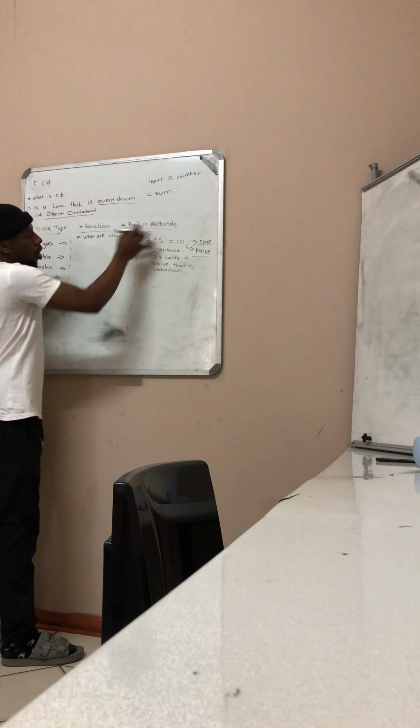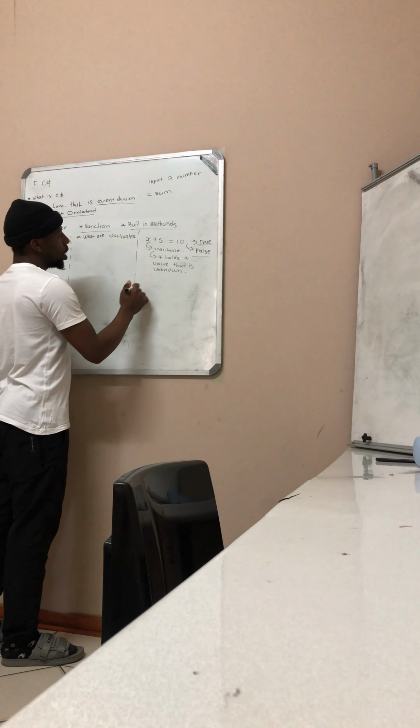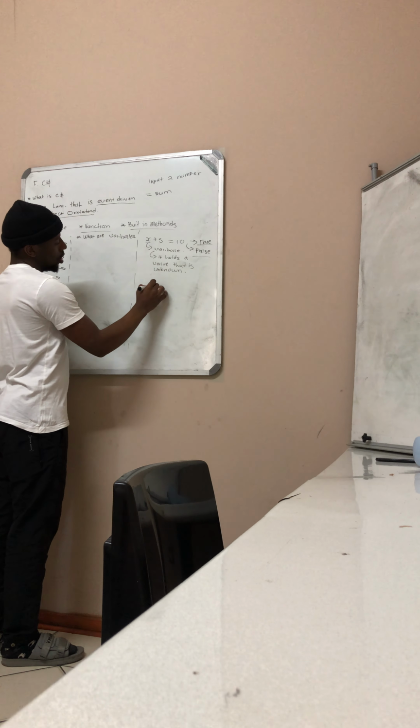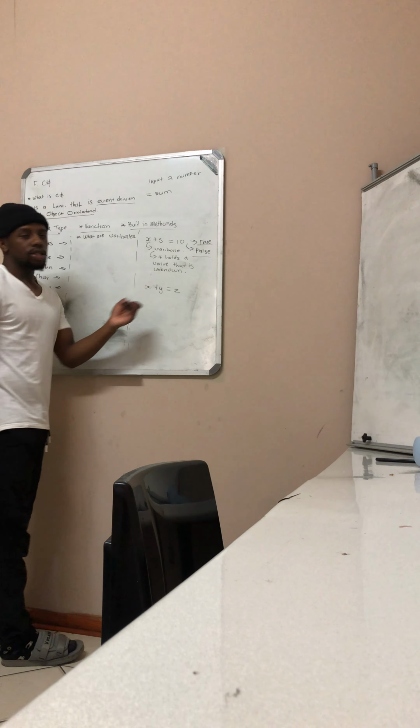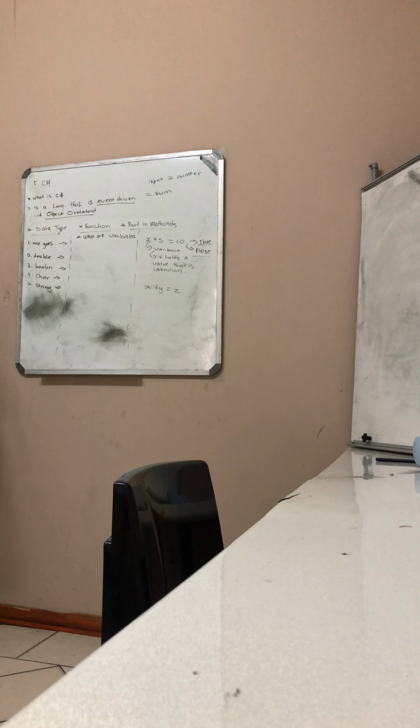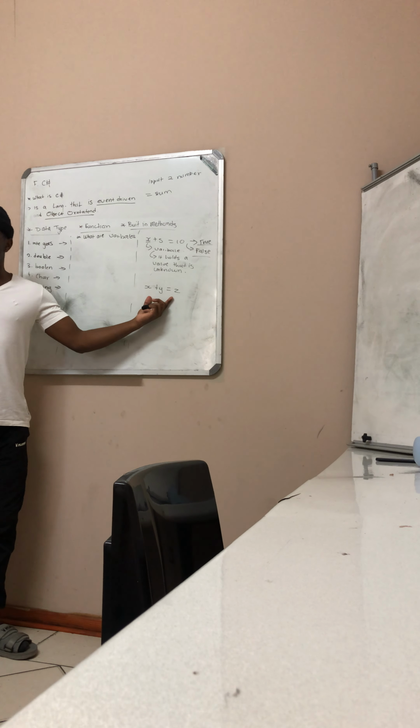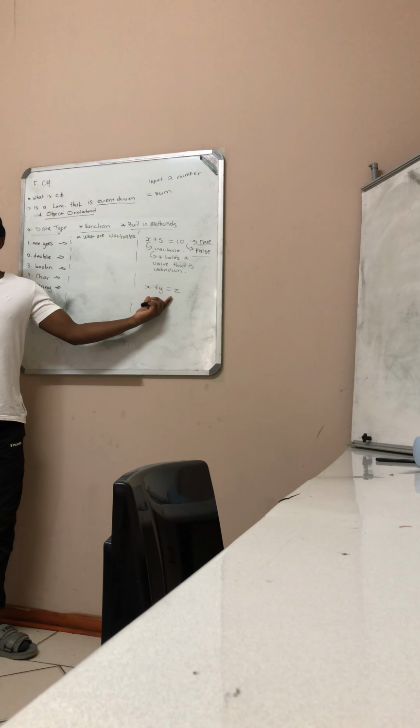So right now, on this type of variable, x plus y is equal to z. This is what you have. You cannot solve for this because there is no value inputted here.